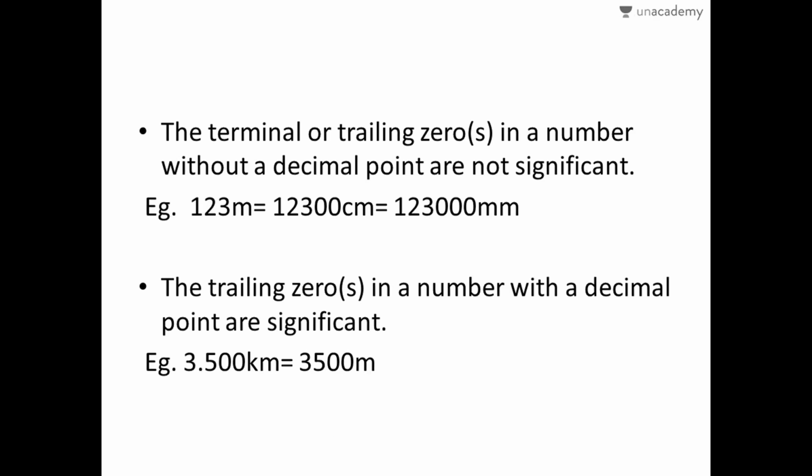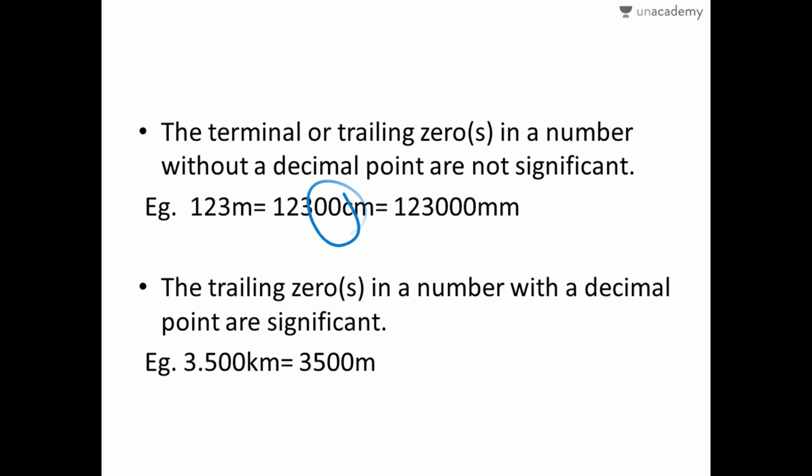Now, the next rule is that the terminal or trailing zeros in a number without a decimal point are not significant. That is, 1, 2, 3. Only three numbers are significant. Because here you can see that 123 meter can be written as 12,300 centimeter, and so two zeros are added here.